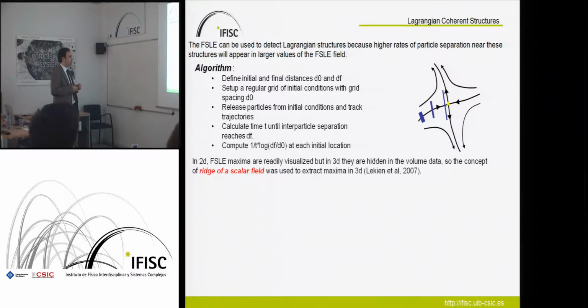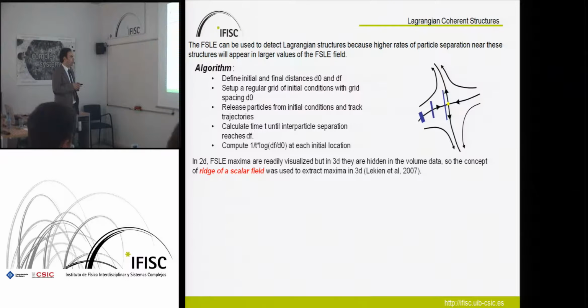domain. So, observing the map, in 2 dimensions we can readily identify the maxima, because they will appear as these very strong regions that have very high FSLE. But in 3 dimensions, the problem is that you have a volume, so these maxima are hidden in the volume data.